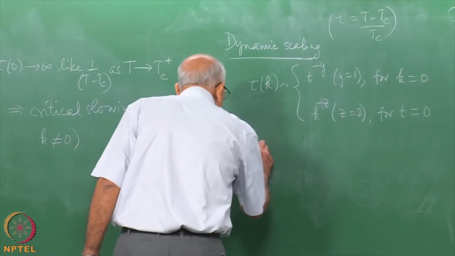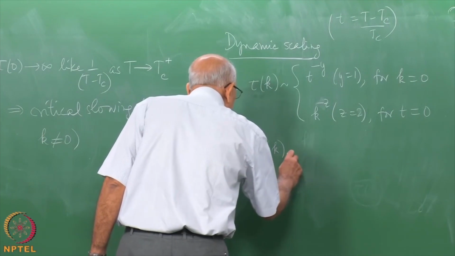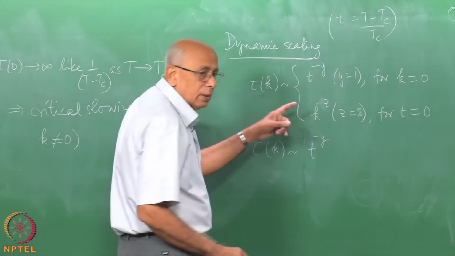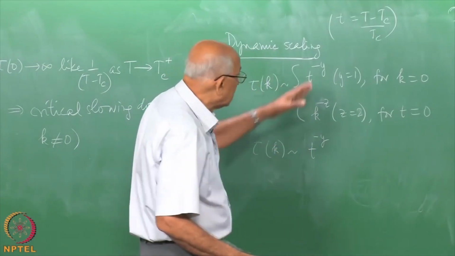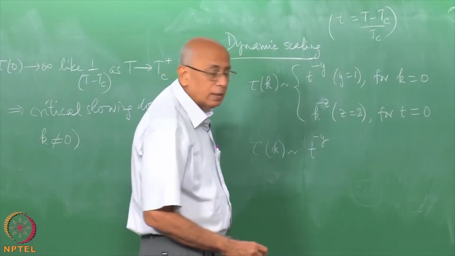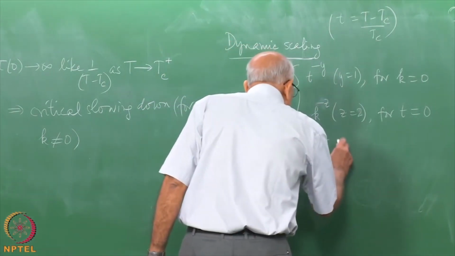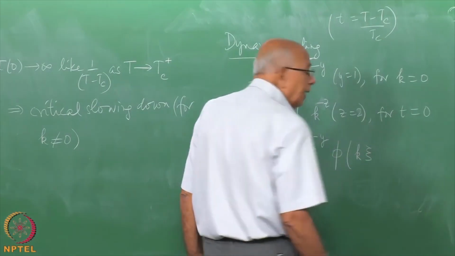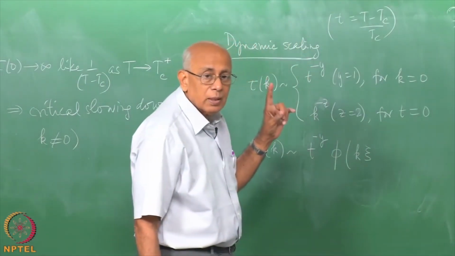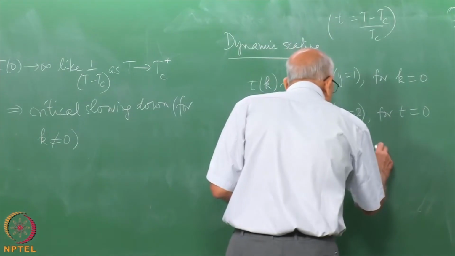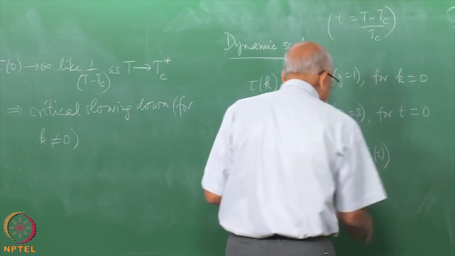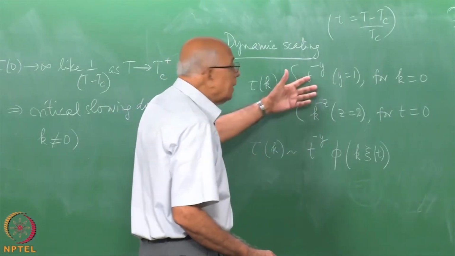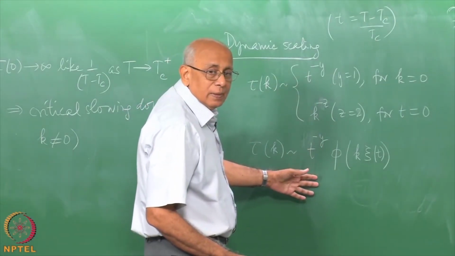So one hypothesizes that tau of k goes like t to the power minus y, in general, even when this kind of simple mean field theory is not valid, multiplied by some function of k times the correlation length, the old order parameter correlation length, which is a function of little t.